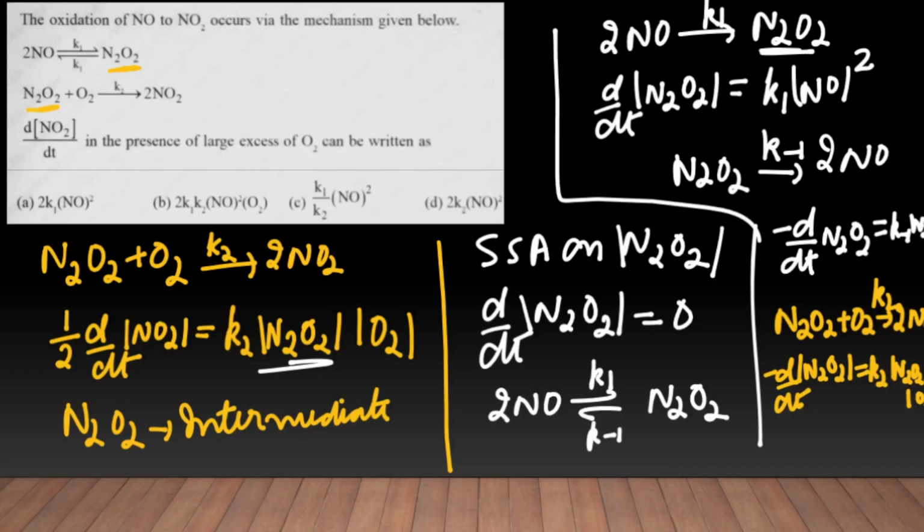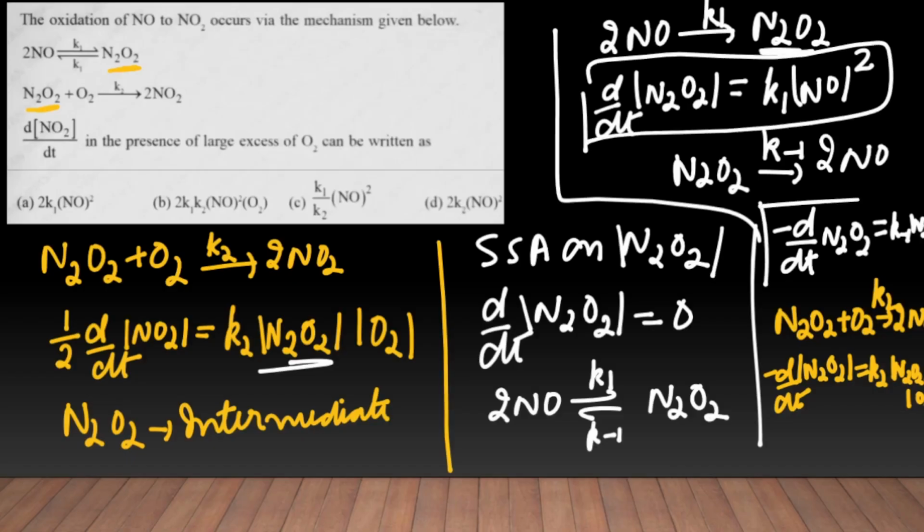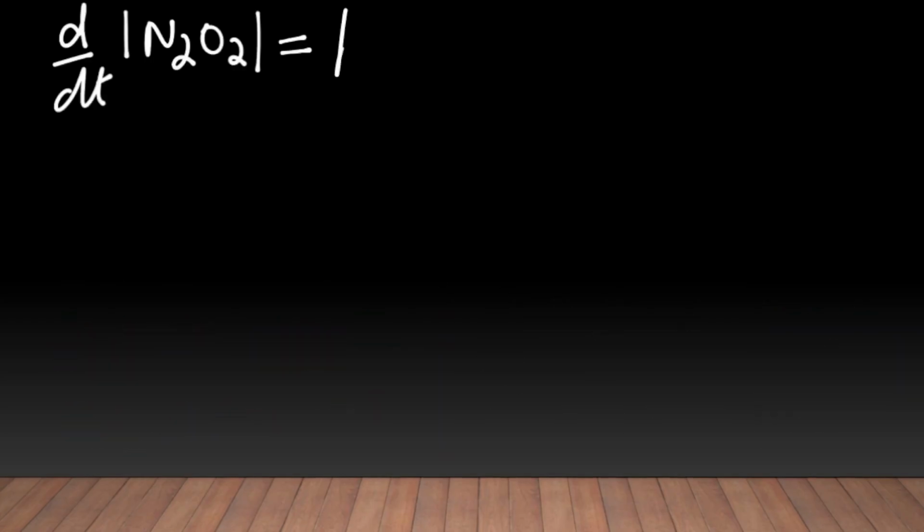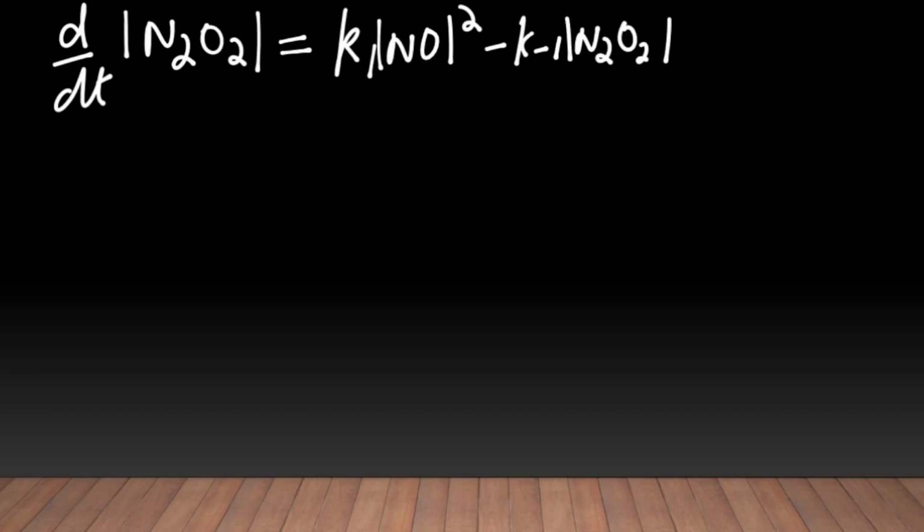So in all these expressions where we have d[N2O2]/dt values, we can combine them and equate it to 0, right? So d[N2O2]/dt will be equal to, the first one, k1 times [NO]^2, minus k inverse times [N2O2], and minus k2 times [N2O2] into [O2].